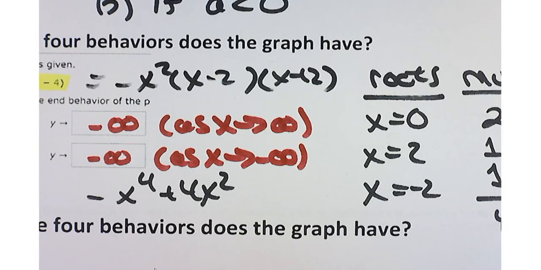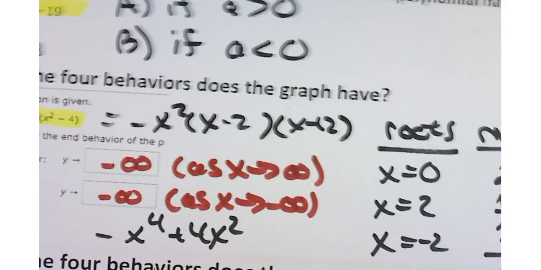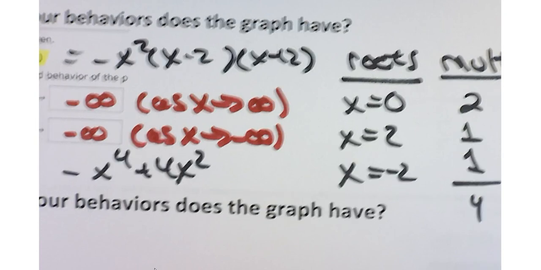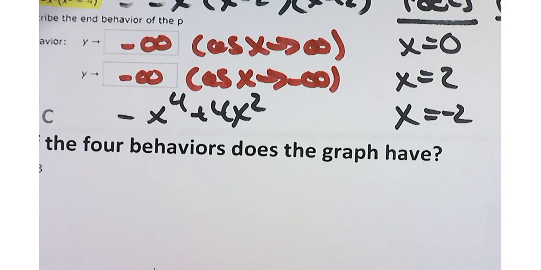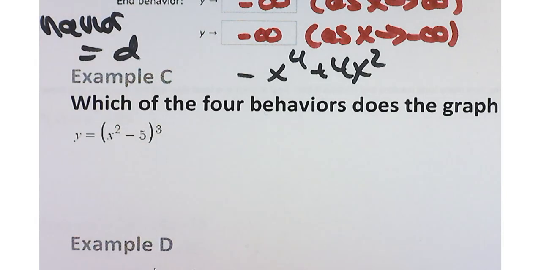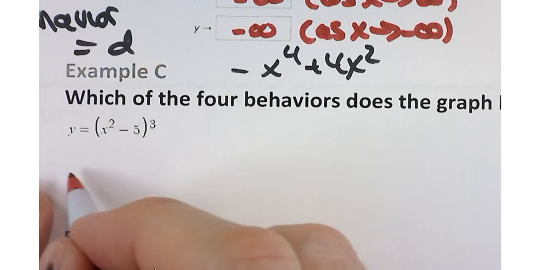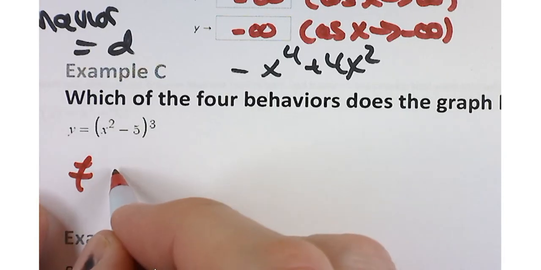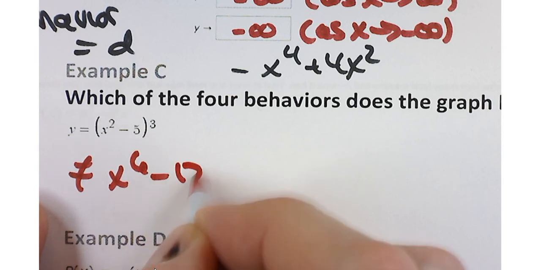Let's try one more end behavior kind of problem. That's example C. Which of the four end behaviors does this one have? Well, again, you've got to determine what's the degree here, and does it have a positive or negative leading coefficient? By the way, you can't cube this out and go, all right, that's x to the 6 minus 125.